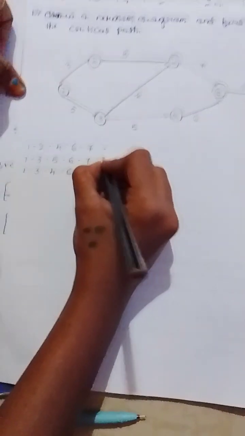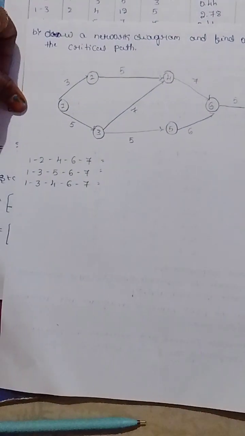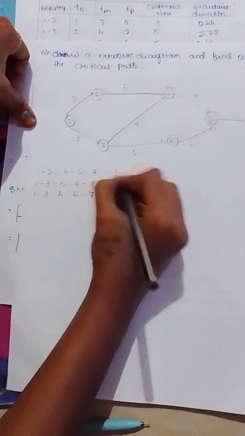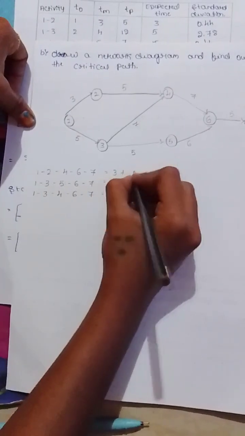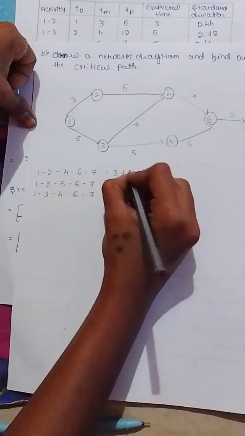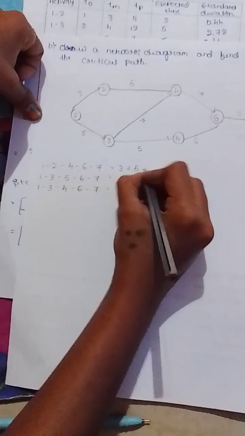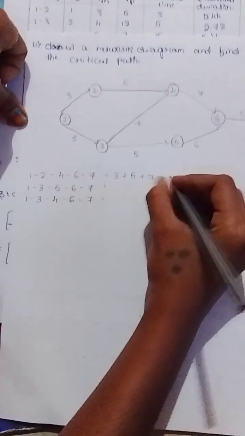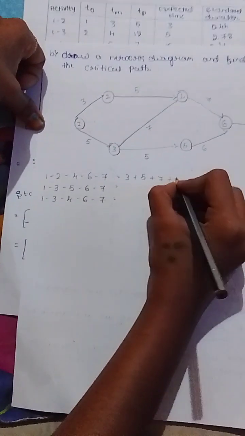For these ways, the time: 1 to 2 is 3, 2 to 4 is 5, 4 to 6 is 7, 6 to 7 is 5.